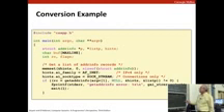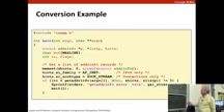For hints, it just passes a bunch of zeros. And list P, again, will just be a pointer.